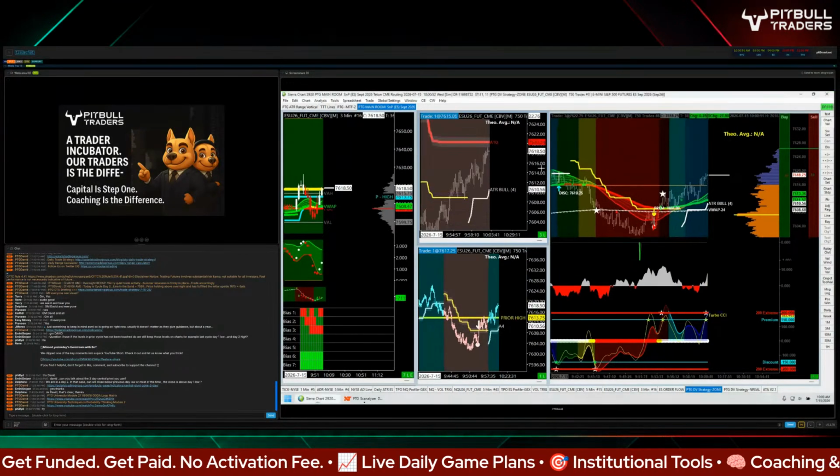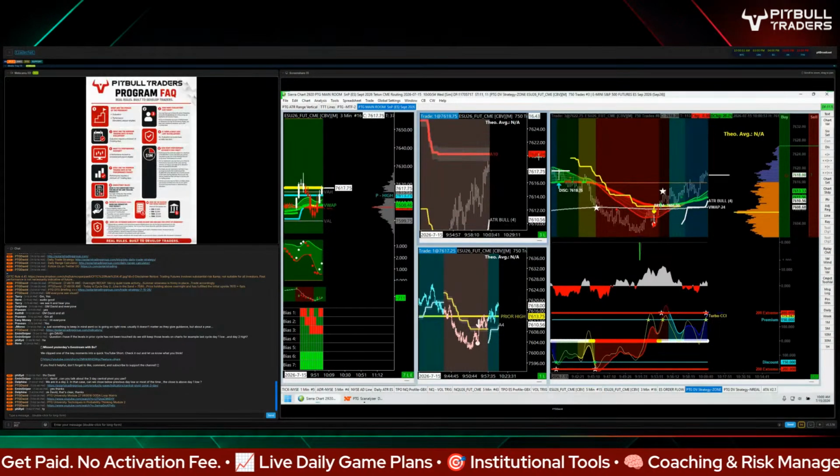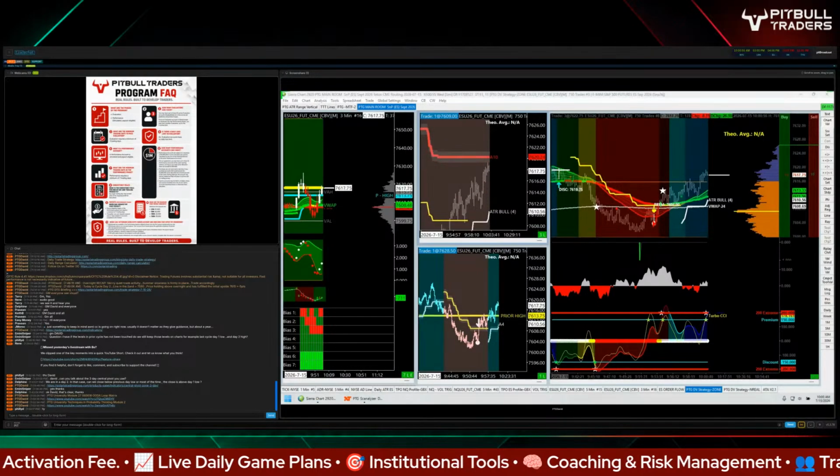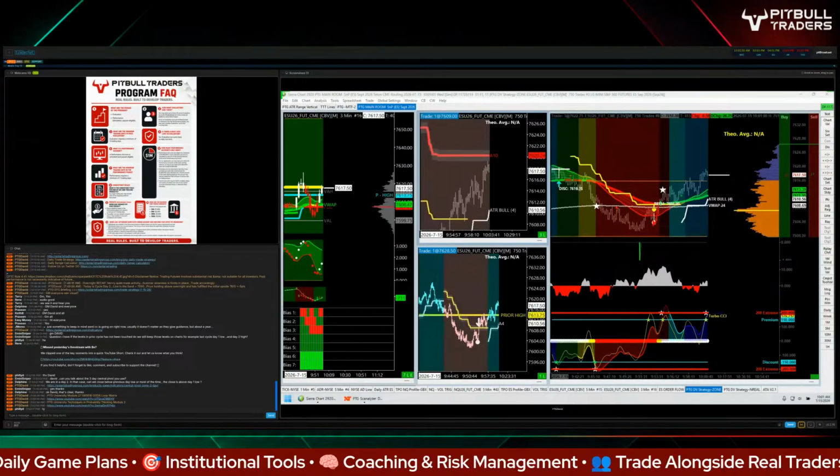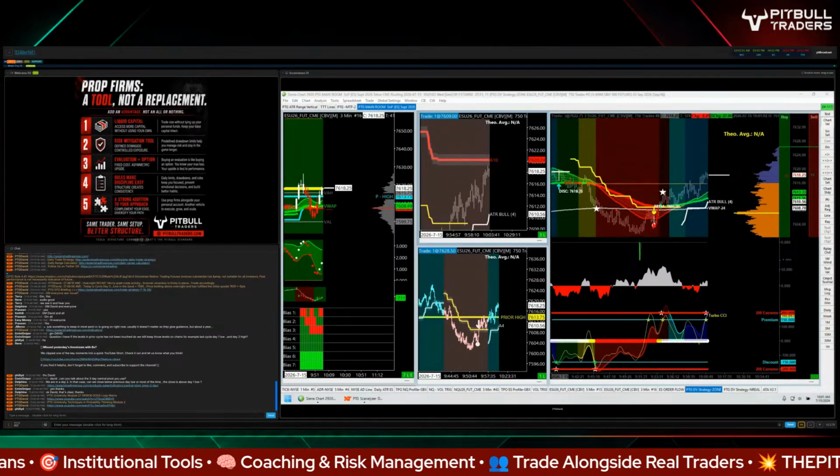All right, so we are looking for a potential trade up there near the 20 quarters. And the idea there is we're just looking for that to fade back.